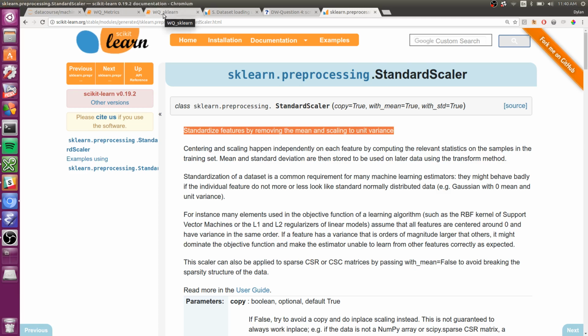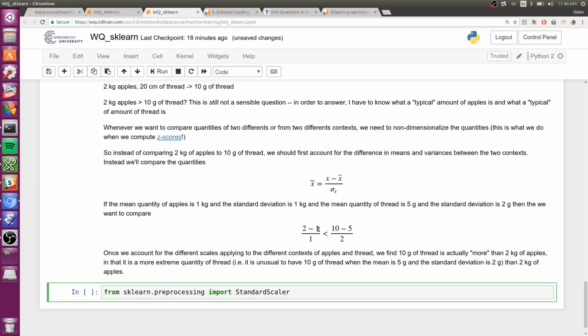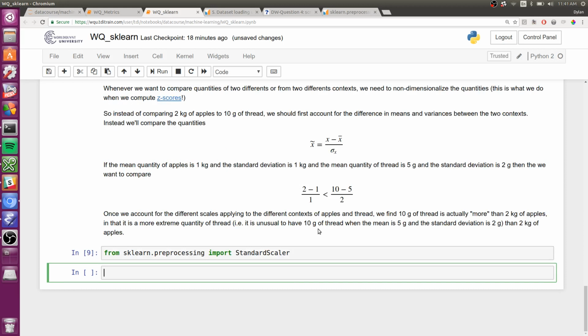And this is the first example we've encountered, I believe, of what sklearn calls a transformer.